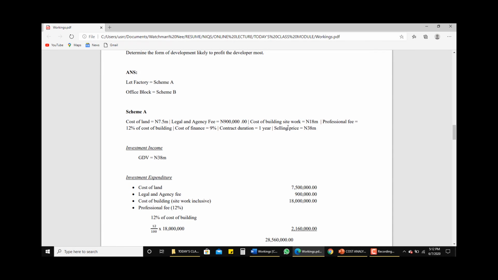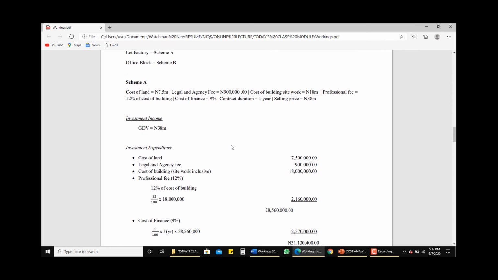So for scheme A, which is the factory, we have the following information: the investment cost variable. We have the cost of land, meaning that the client has already obtained a particular land. The cost of land is there, legal and agency fee is there, we have cost of building including site work, which is 18 million naira, and so on.